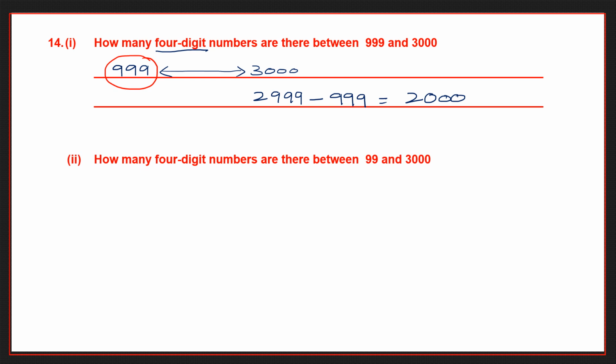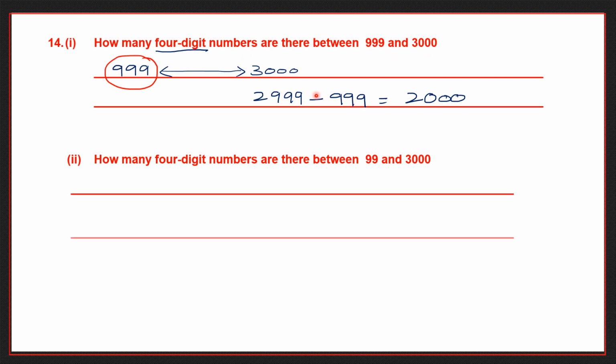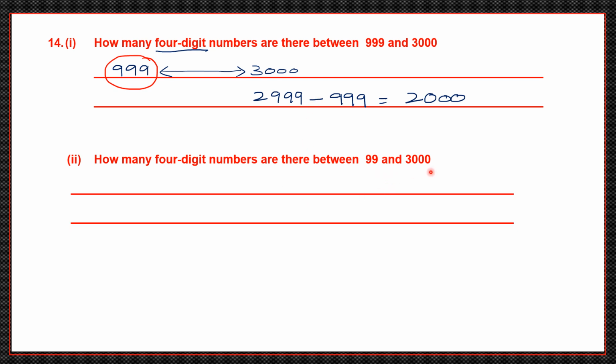Question 2, 14th one itself. How many 4-digit numbers are there, again between 99 and 3000? Earlier it was between 999 and 3000. So this time it is between 99 and 3000. Now we know 99 is a 2-digit number. So the first 4-digit number will be 1000, isn't it? Which will come after 999.